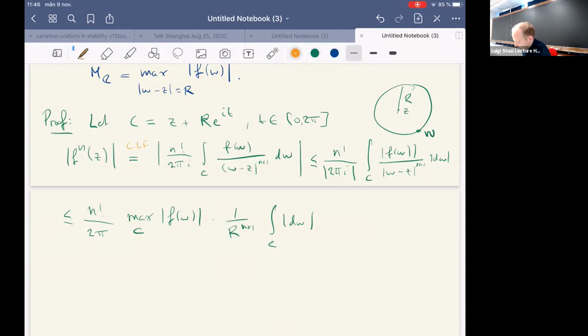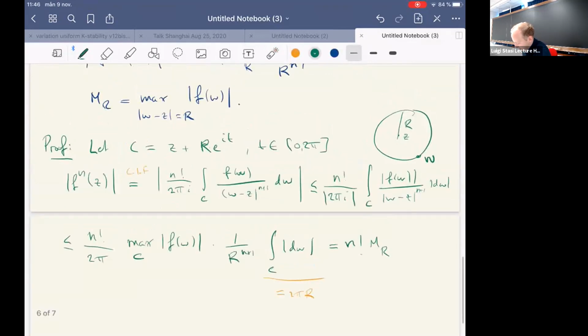And this is, of course, just equal to 2 pi capital R, because it's just the circumference of this circle C. So putting this together, we get that this is equal to n factorial, and what we had here, remember, this was exactly the M of R, as we call it, if you see at the top of the screen.